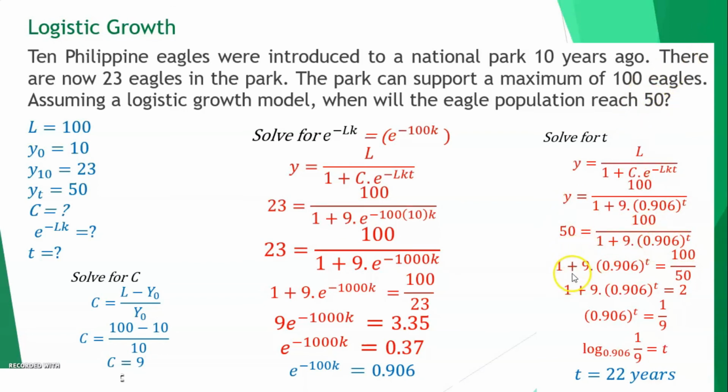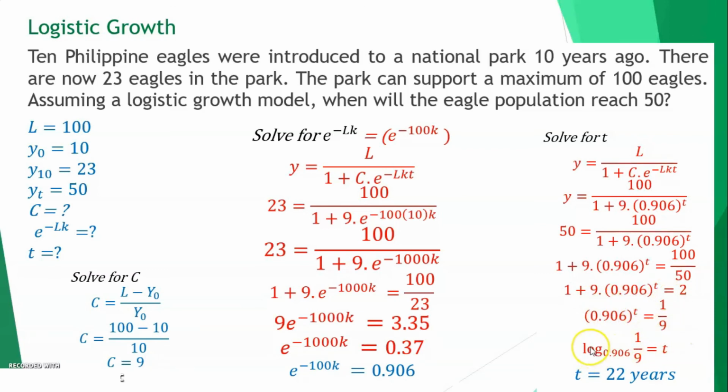So substituting here and manipulating the equation, we cross multiply. 100 divided by 50, we got 2. So transfer 1 to the other side. 2 minus 1 is 1. Then divided by 9, that will become 1 over 9. So in here, 0.906 to the power of t is equal to 1 over 9.